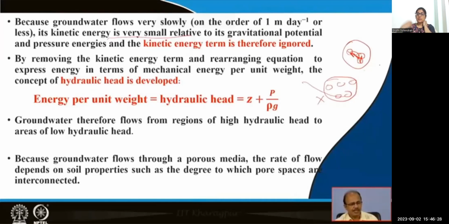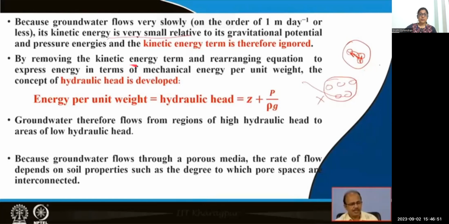So what we do is we ignore the kinetic energy because the water is flowing at a very minimal velocity, and the energy of water is only represented by the position of the fluid particle at that particular point, which is given by the pressure energy and elevation energy.